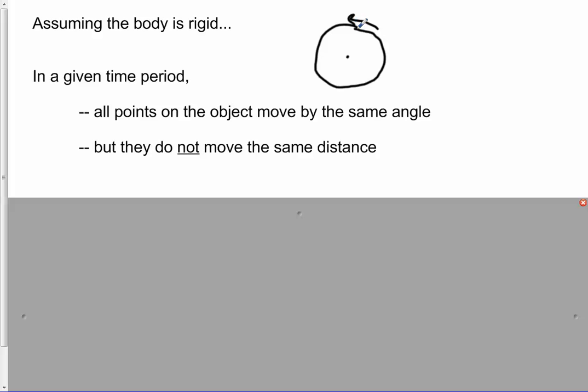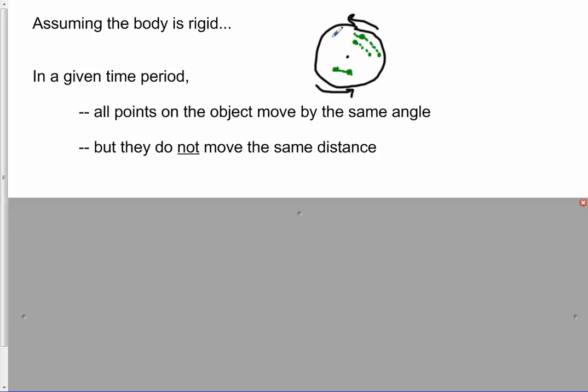Let's say we have a disk spinning around. In any given time period, as this thing spins, a point here, after a little bit later, moves to a point there. And a point a little bit further out moves to a point right there. And maybe a point over here moves to a point there.